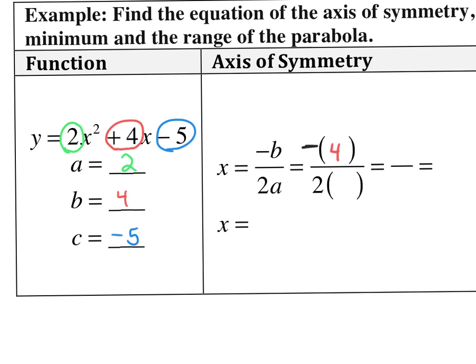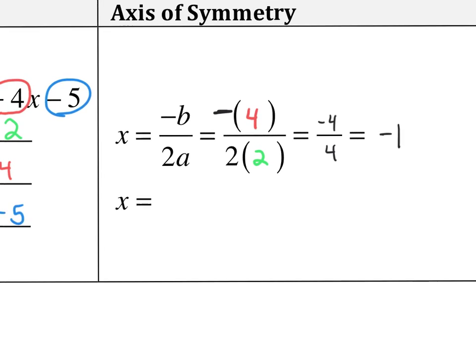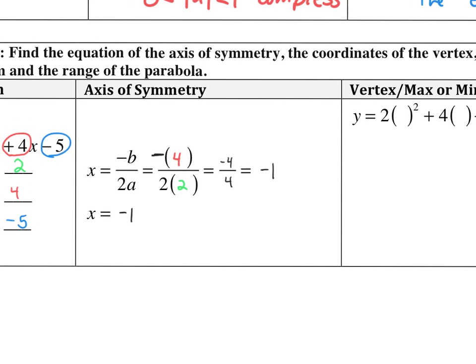Sometimes if you substitute a negative in, it's going to get a double negative to be a positive. And 2 on the bottom because 2 is an A. So negative 4 over 2 times 2, and this simplifies to negative 4 over positive 4. So my axis of symmetry is x equals negative 1.